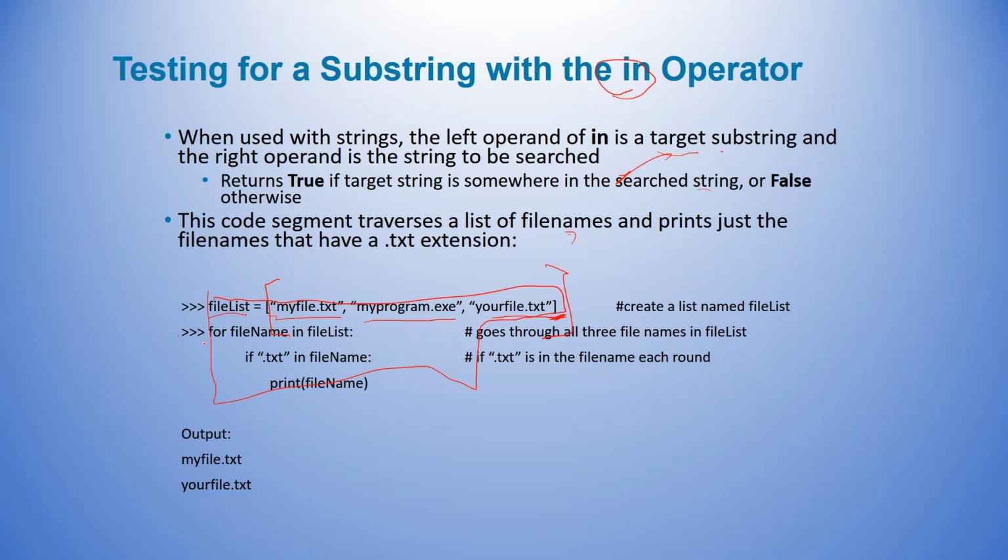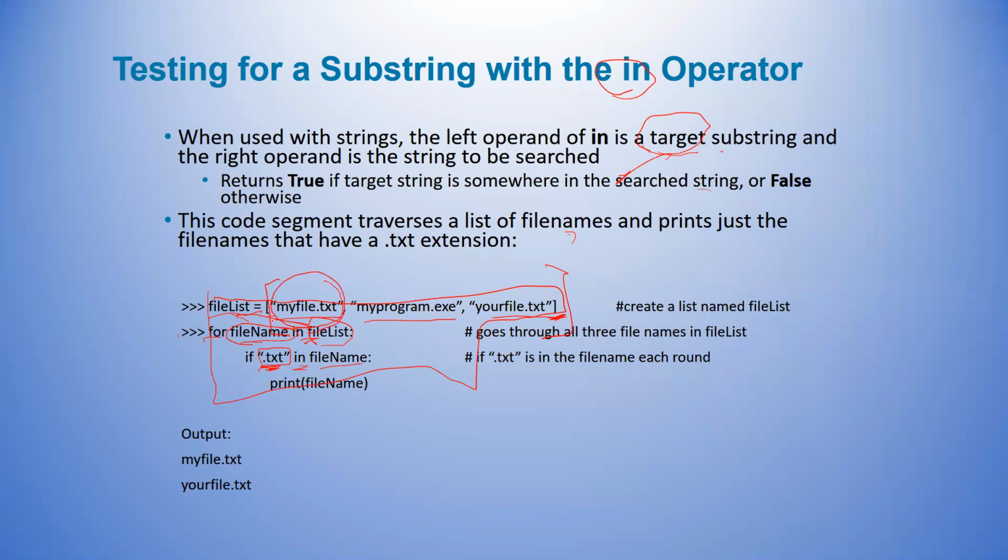And here is the for loop. For is the keyword, file_name is simply a variable, okay? In file_list, this is this list, right? So for file_name in file_list and colon, if this is the target, this is the substring, that's the target, on the left-hand side, if this substring is in file_name, so this file_name will go through each of the elements in this list.